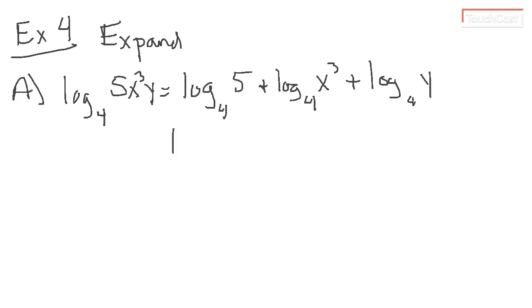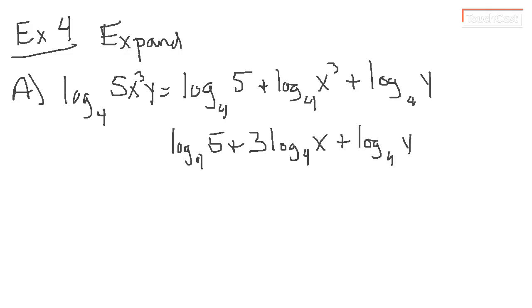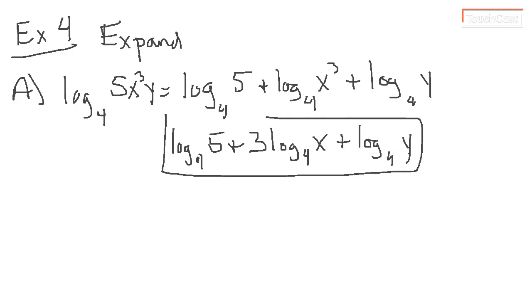We're going to rewrite this as log base 4 of 5 plus 3 log base 4 of x plus the log base 4 of y. And we've expanded it, so we are done with that. Let's look at one more.